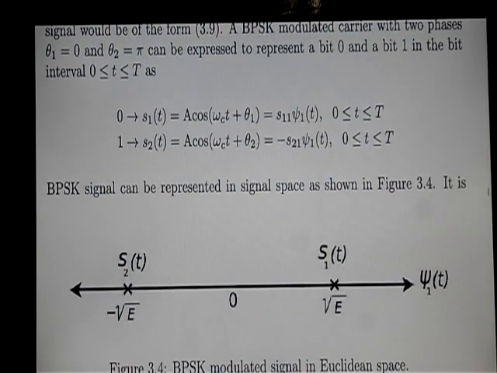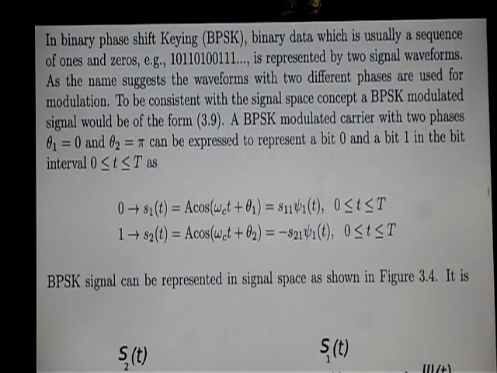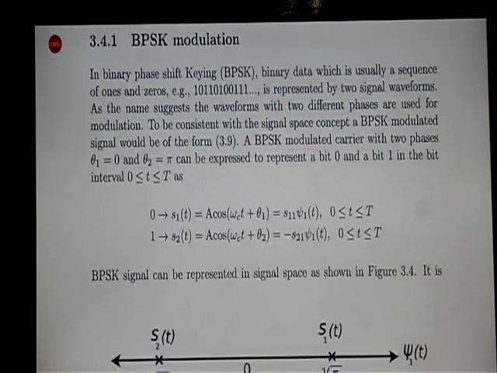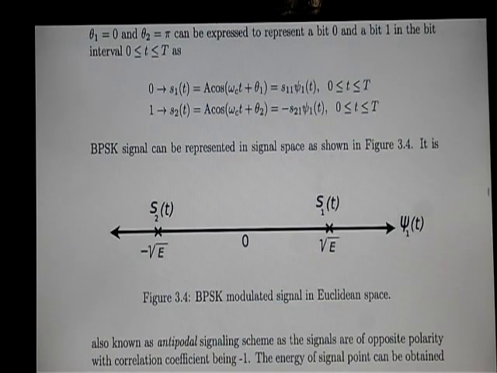We can represent these s1 of t and s2 of t in the form of our basis functions, which I discussed in detail in my previous lecture. And the given signal constellation, or you can represent s1 of t and s2 of t in Euclidean space.